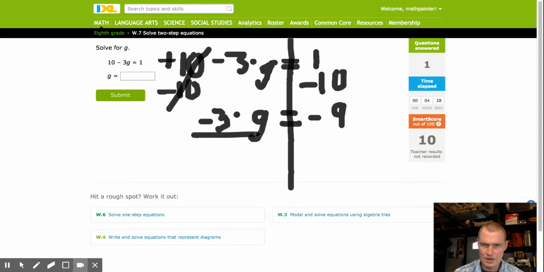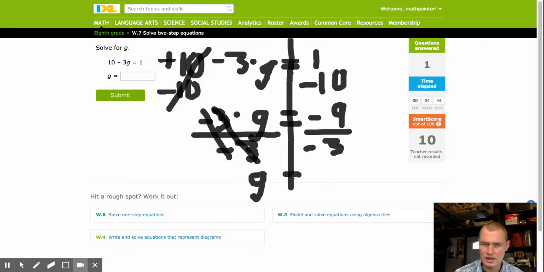Well, opposite of multiply is divide. So whatever we do to one side, which is dividing by negative 3, we must do to the other side. So negatives are out, 3s are out, g comes down, equals 9 divided by 3, positive 3. Beautiful.